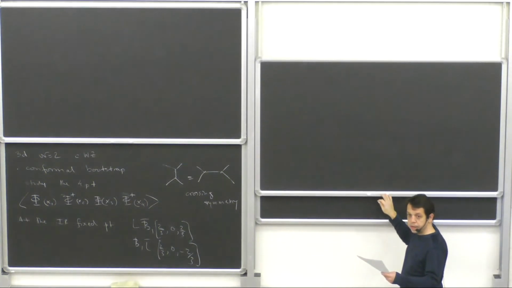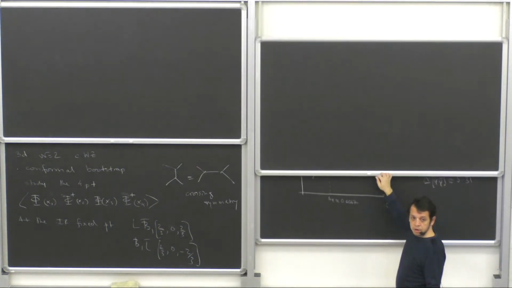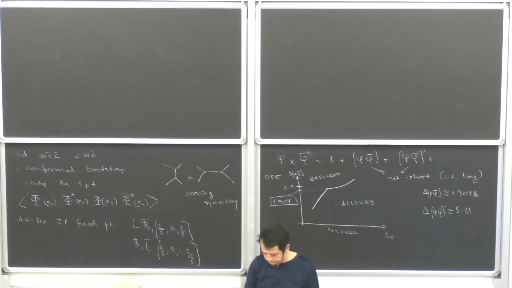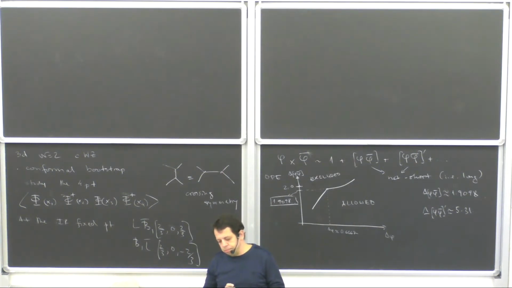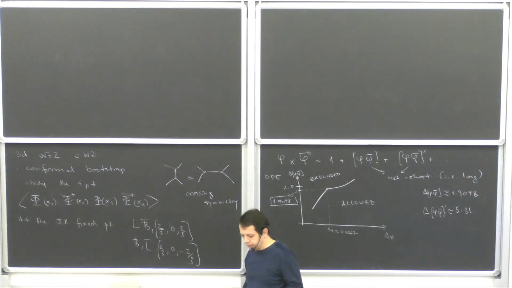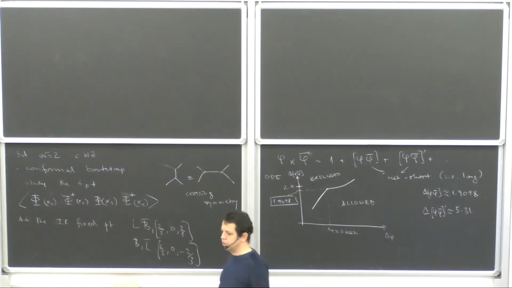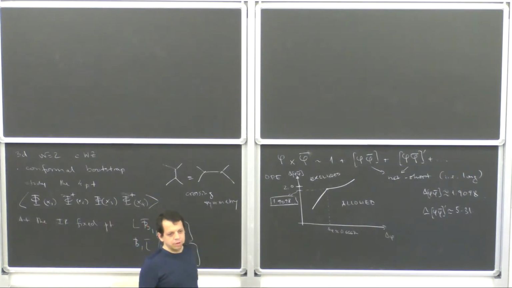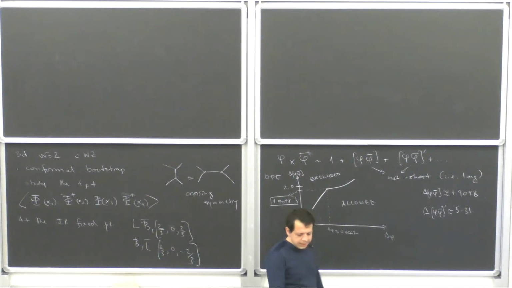Any questions about this? Yes? Well, yeah. Right. You can, yes. Indeed, in radial quantization, you can say it looks like I'm quantizing something on a sphere, so it should have a discrete spectrum.